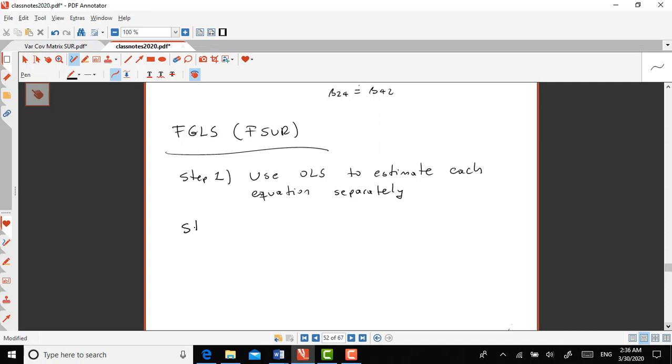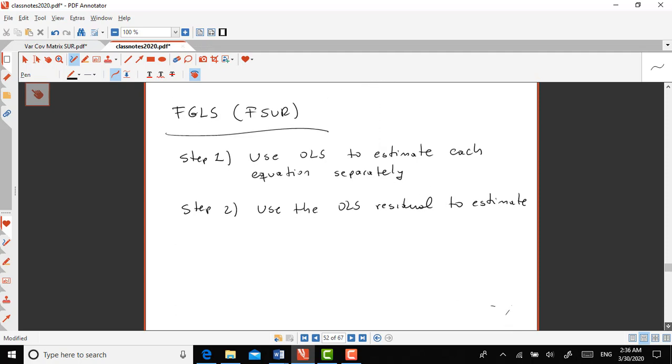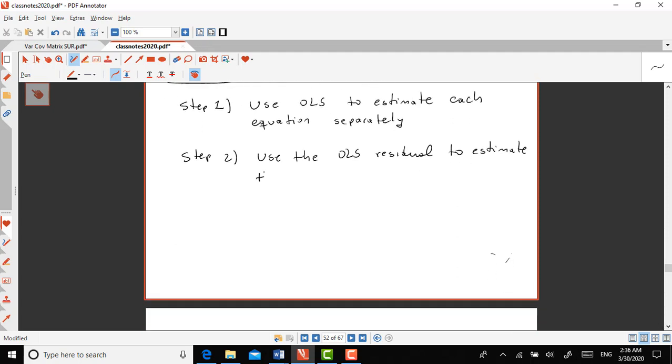Step two, we use the OLS residuals from each equation to estimate the elements of that sigma matrix.